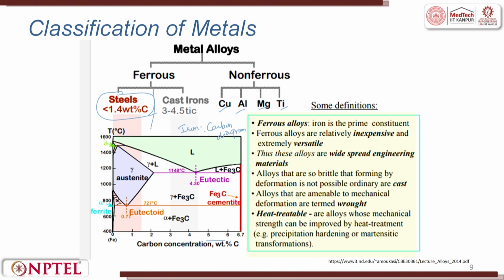How is carbon getting into it? If you take a simple unit cell, the iron atoms are placed in a cuboidal cell, and the atoms have a specific radius. Now, carbon has a smaller atomic radius, which easily finds space to fit inside the cuboid.